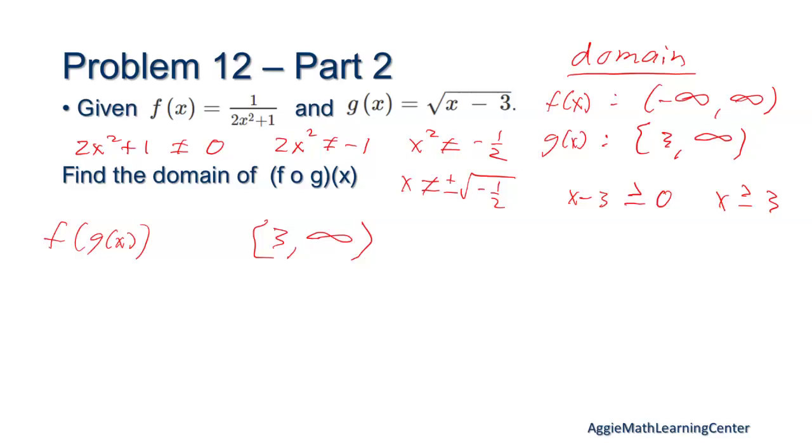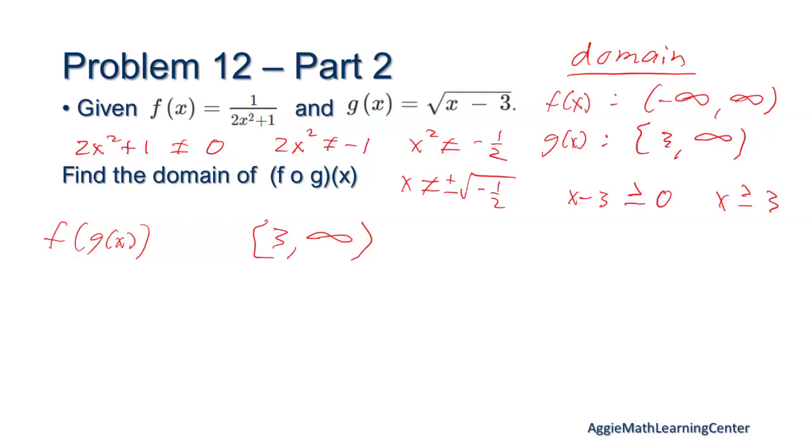So we have this. That's the domain of g of x, which is what you're putting into f. And then you look at f, and you're saying, okay, what numbers can I not put into the function f? In this case, though, f of x, you can put anything into it. And so therefore, that doesn't add any additional restrictions onto it.